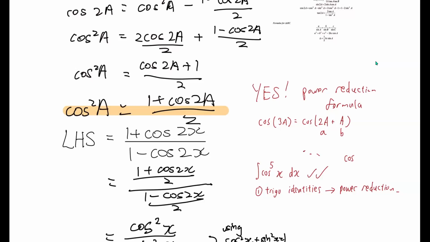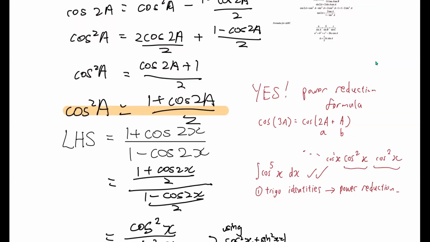Cosine power 3x times cosine power 2x. Hey, power 3, wow, still quite big. Okay, cosine power 1x times 2 cosine power 2x. Wait, no. Here it's cosine square times cosine square.